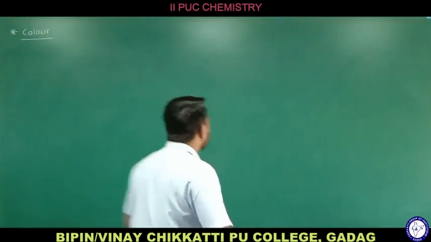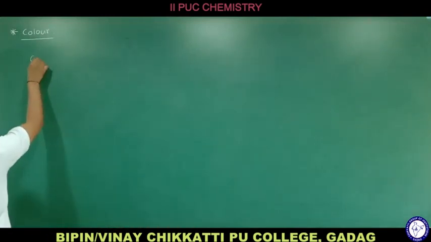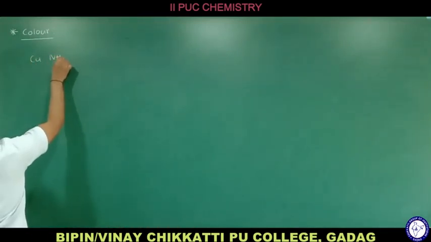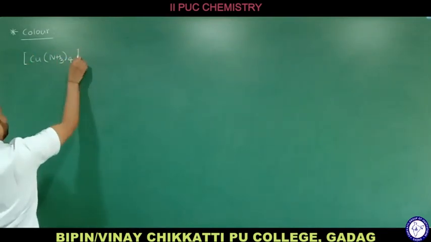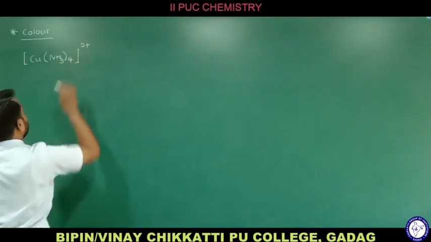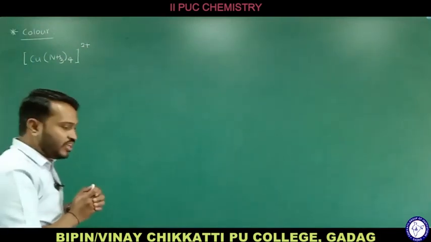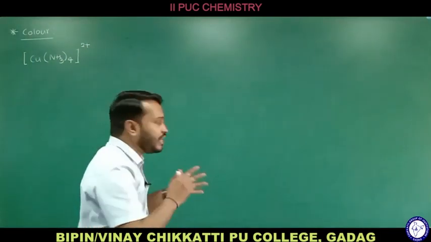Let's see an example. Consider the complex cation [Cu(NH3)4]2+, with charge 2+. The central metal atom is copper, and the ligands are NH3.